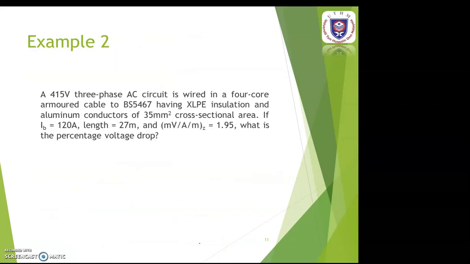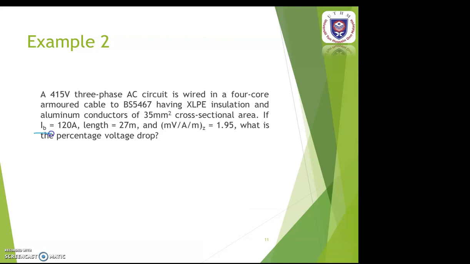So we look at example 2. A 415 volt, 3-phase AC circuit is wired in a 4-core armored cable to BS 5467 having XLPE insulation and aluminum conductors with a cross-sectional area of 35 square millimeter.